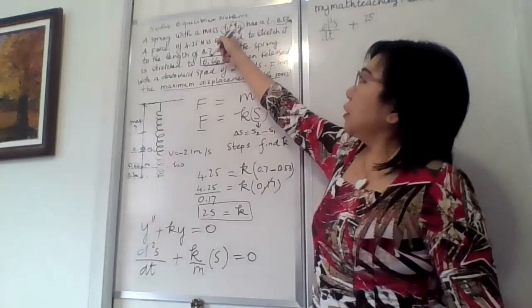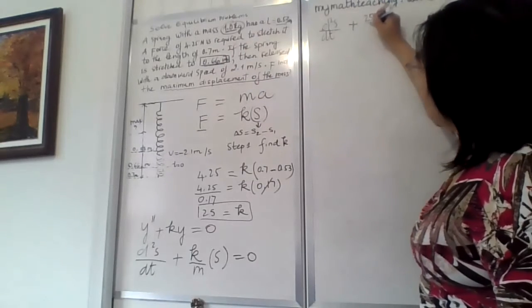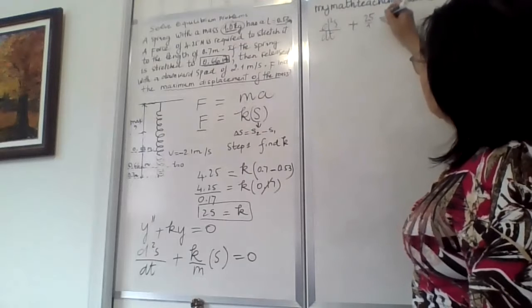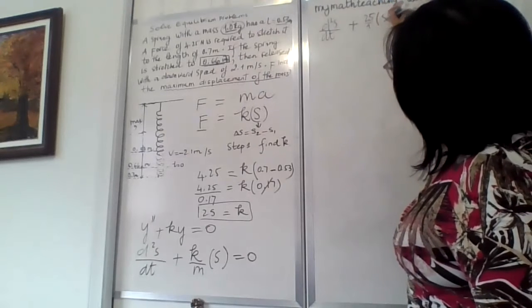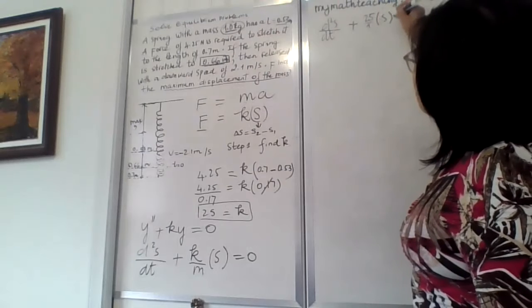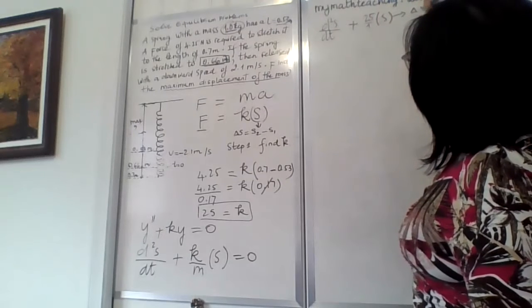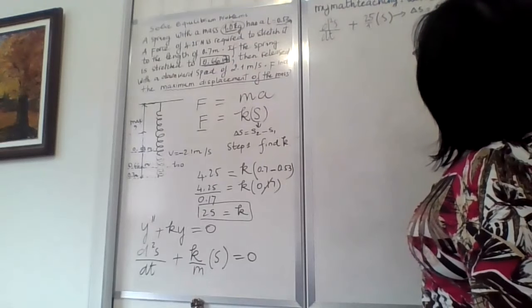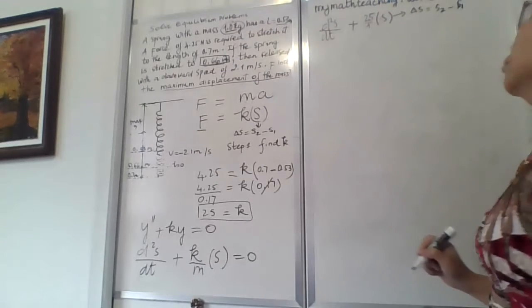The mass, fortunately, is 1 kilogram, so it doesn't change. If we divide by 1 kilogram, it's just 25, right? Times the function s. And this s is actually delta s, right? Equal to S2 minus S1.